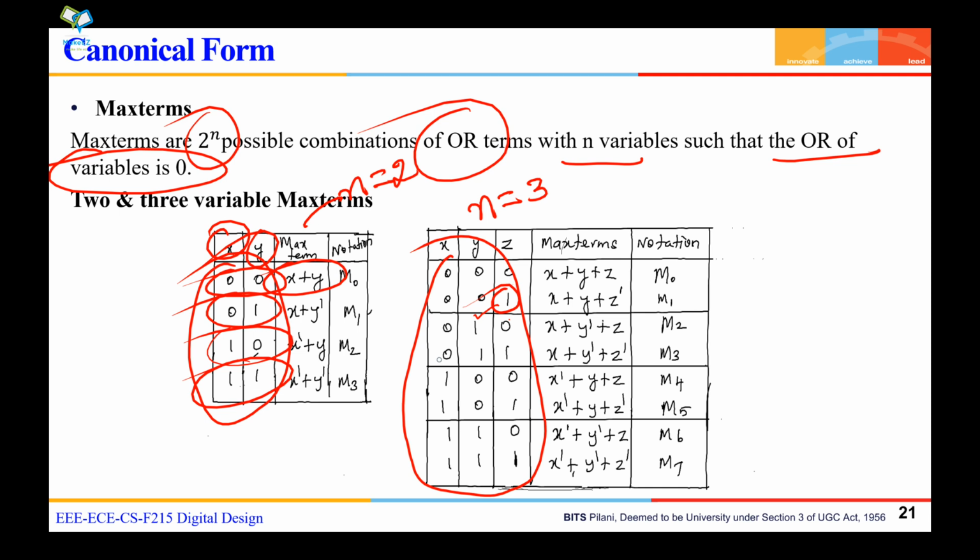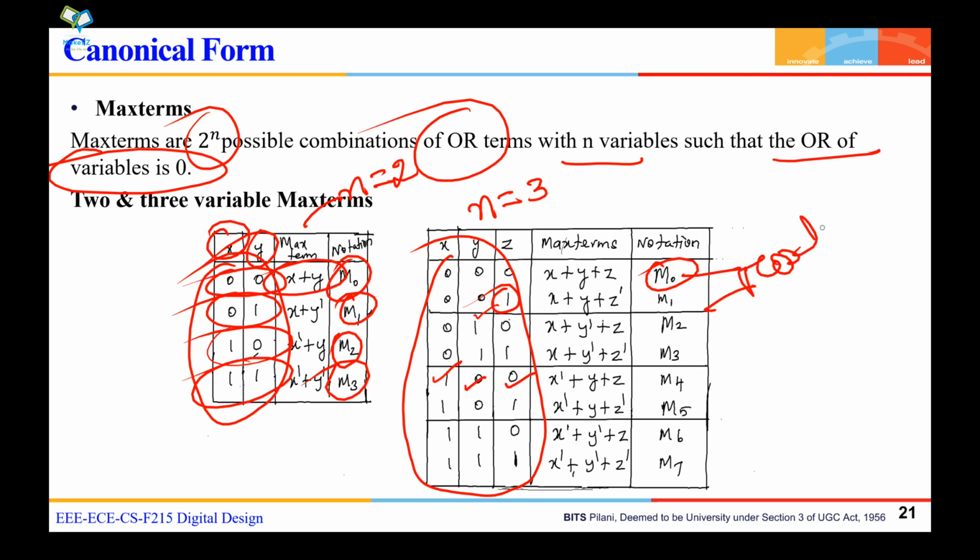Similarly, this is x, y bar, z bar. Here it is x bar, y, z. So you get max terms, which are written with capital M. Minterms are written in small m, and max terms in capital M. So these are called max terms.